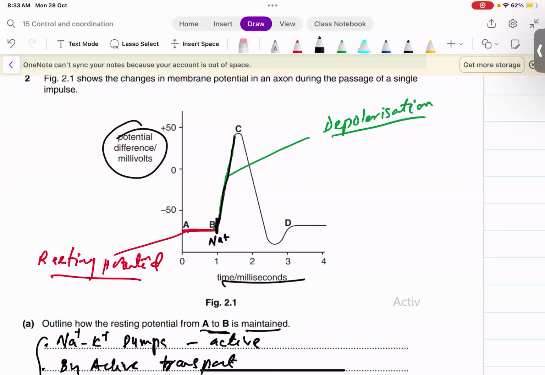So from this point to this point, sodium channels are open and sodium moves in. At this point C, sodium channels close and potassium channels open. So potassium goes out from this point to this point.